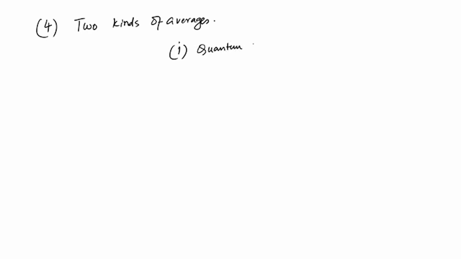Okay. Another very important thing is that two kinds of averages appear. What do I mean by two kinds of averages? One is of course the quantum mechanical average, which we will see in a while, and we also have a statistical average or the ensemble average.